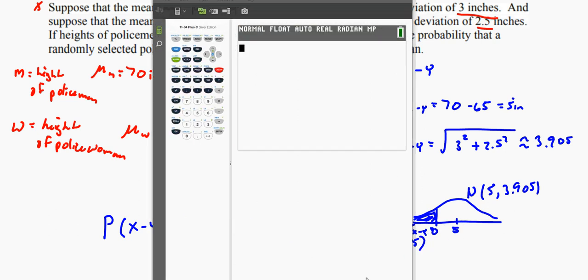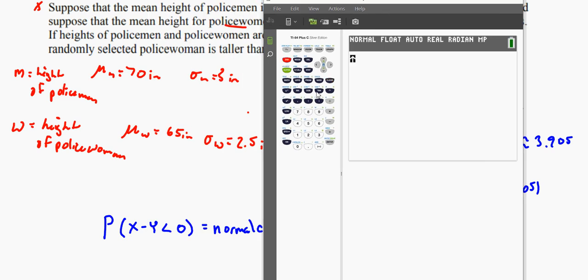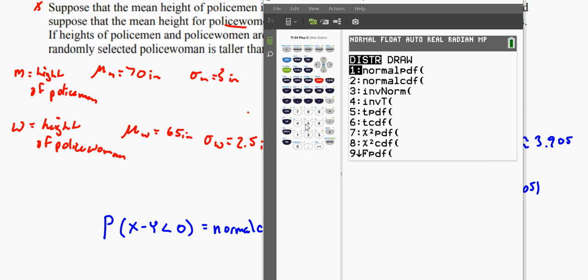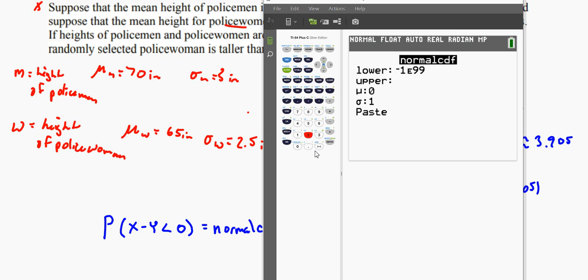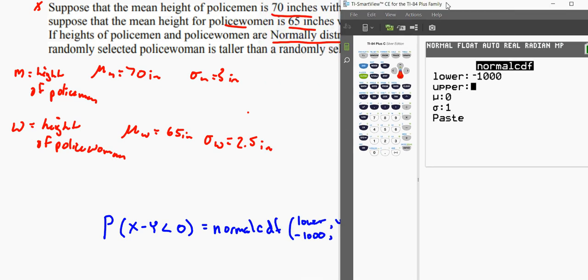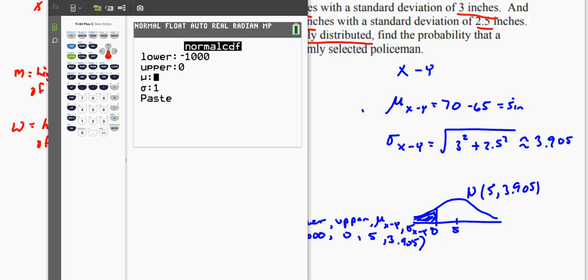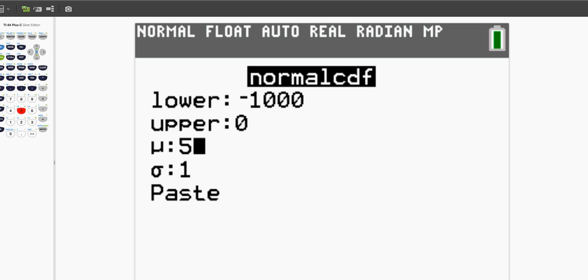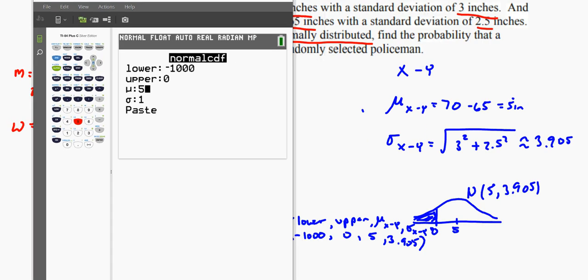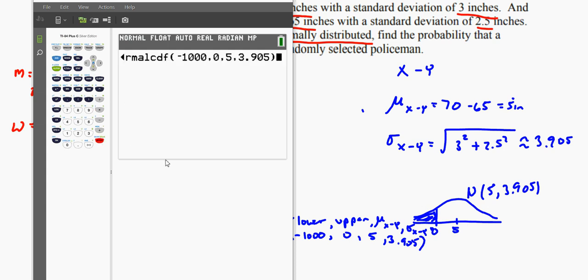On the calculator, you go to second, distribution, normal CDF, which is option 2. Our lower is negative 1,000, our upper is 0, our mean is 5, and our standard deviation is 3.905.